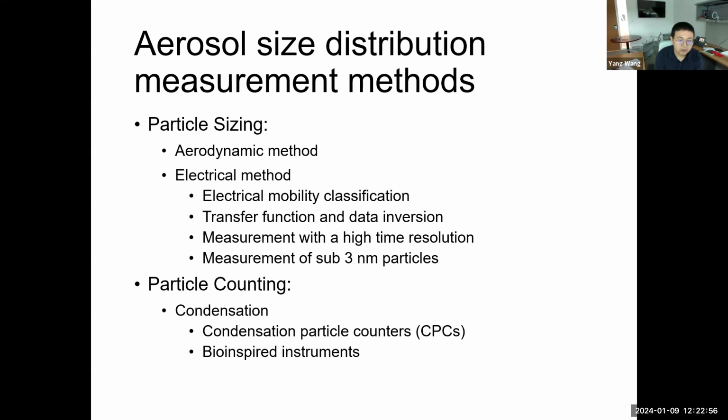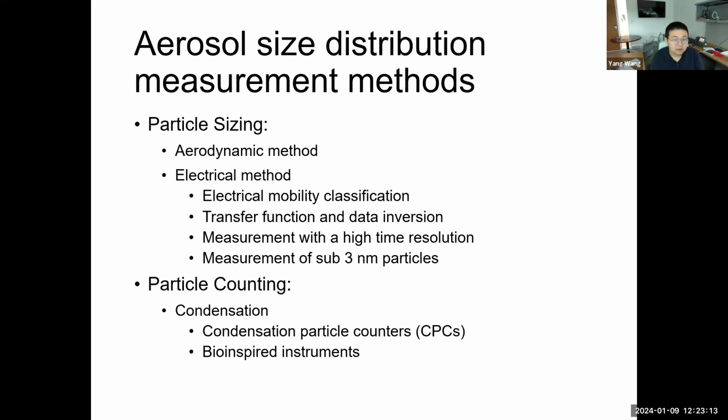So in this tutorial, I will split the aerosol size distribution measurement into particle sizing and particle counting. On the sizing part, I'll focus on two methods. One is the aerodynamic method, and the other one is the electrical method.